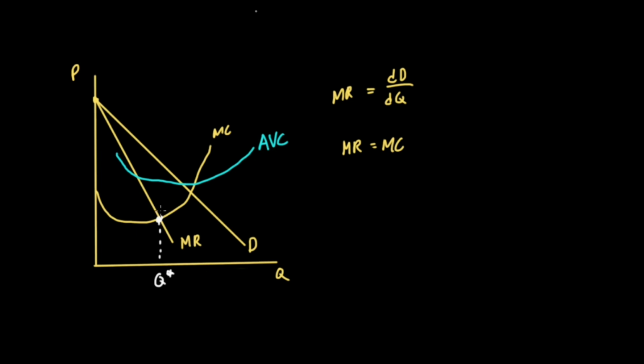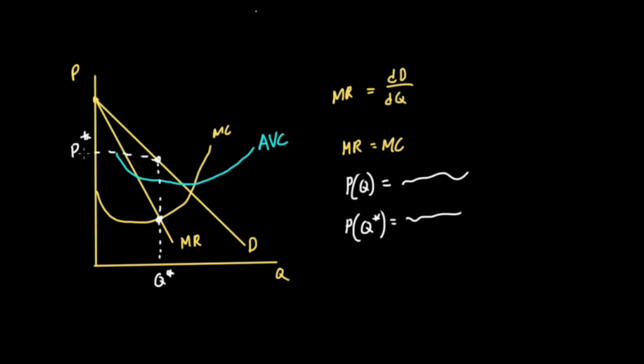And Q star, we know that the firm would now substitute into the inverse demand, so P of Q is equal to something. So the monopolist would substitute Q star into the function, so P of Q star is equal to something, and it would be over here. And so the price would be some P star over here.